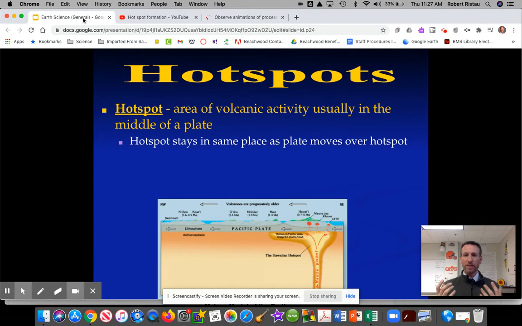It's kind of weird because normally you would see that at a divergent boundary, but this doesn't happen at a boundary. It just happens randomly, usually somewhere in the middle of the plate. And so that's what we see.